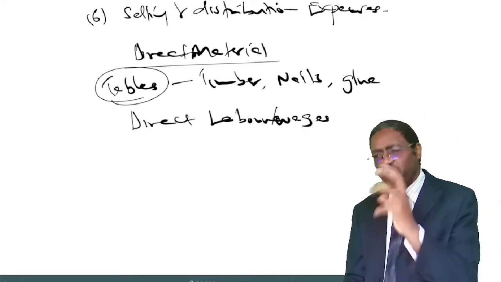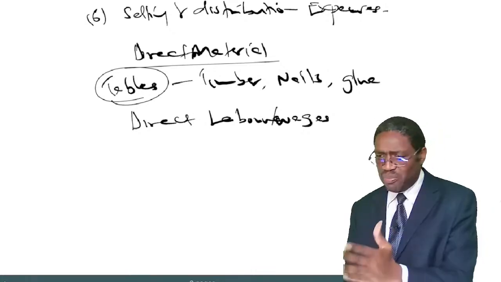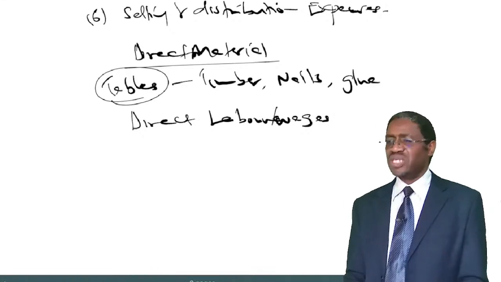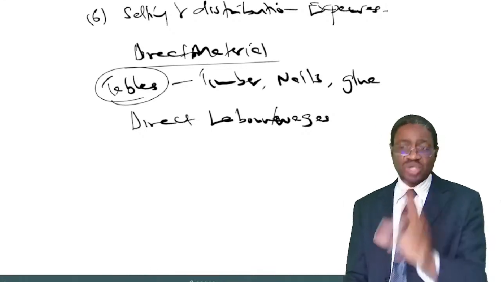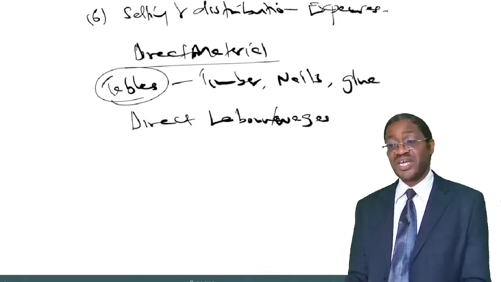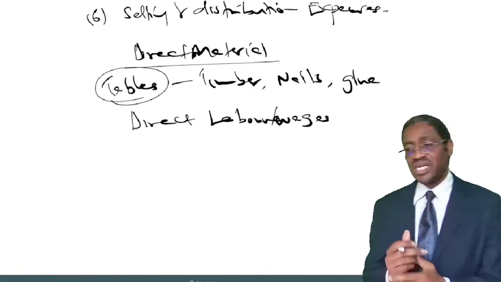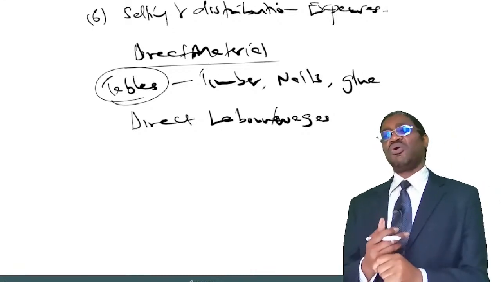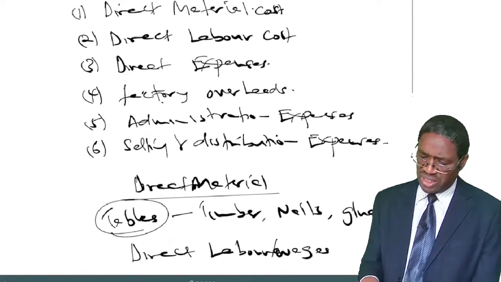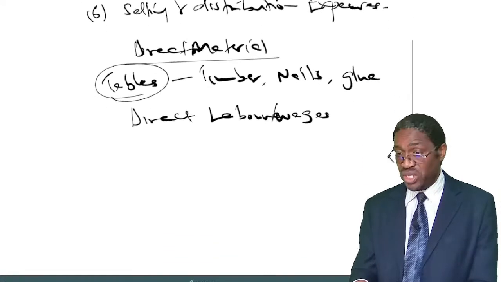The wages you pay such a worker who will saw the timber, shape it, and join the pieces into tables, that kind of wage is what we refer to as direct labor or direct wages. The wages you pay to the workers who are directly involved in the manufacture of whatever you are manufacturing. Good. That's all we can say about direct labor, or what we call direct wages.